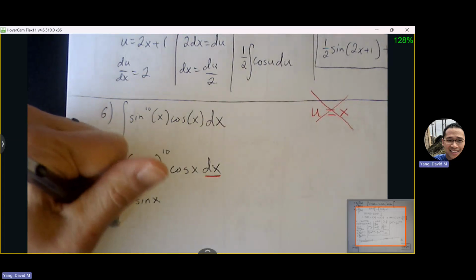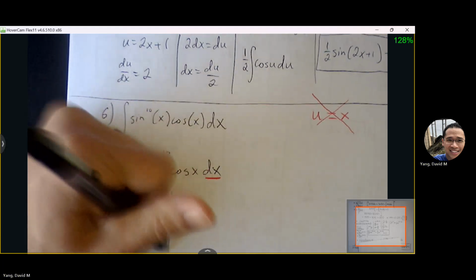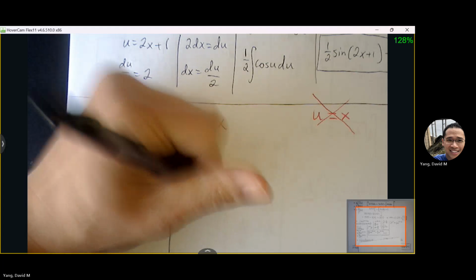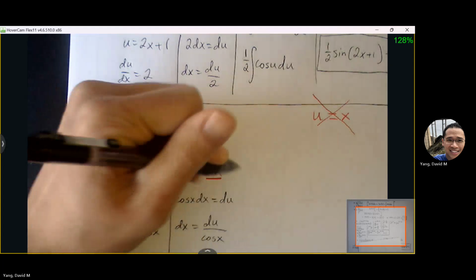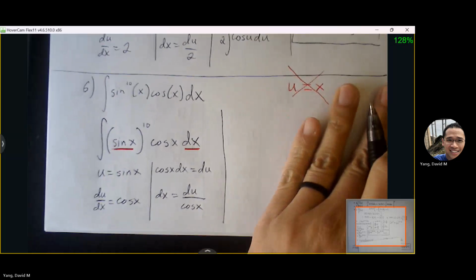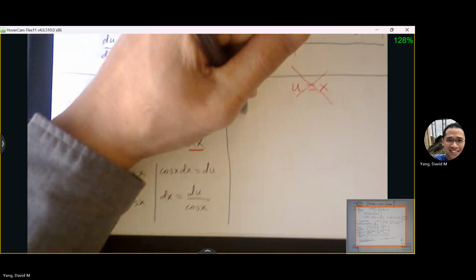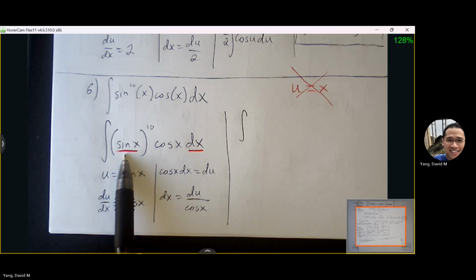Okay, find the derivative, du dx. Sine becomes cosine. Cross multiply. Okay, let's make our substitutions. u to the 10th.